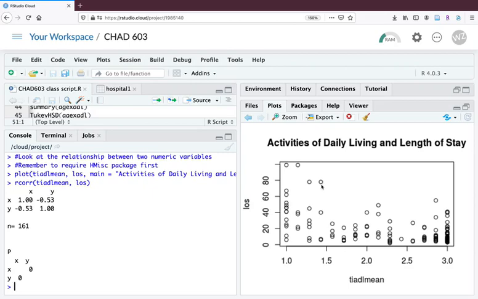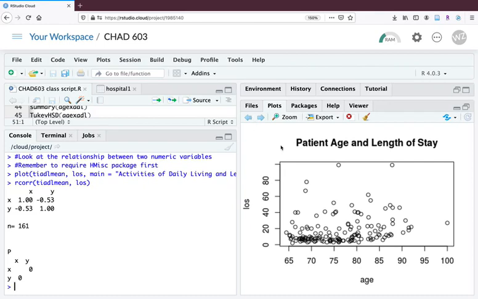And notice that the order and the linearity of this looks more orderly than what we saw here when the correlation coefficient was 0.25. This is higher.